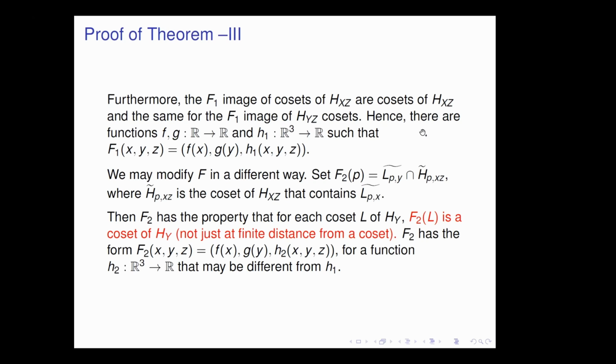So that means there are functions, let f, little g from R to R, and a function h1 from R3 to R, such that this map F1 has the formula: F1 sends x, y, z to (f(x), g(y), h1(x, y, z)).